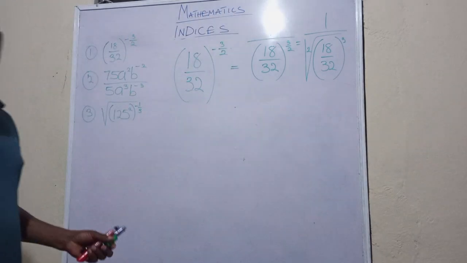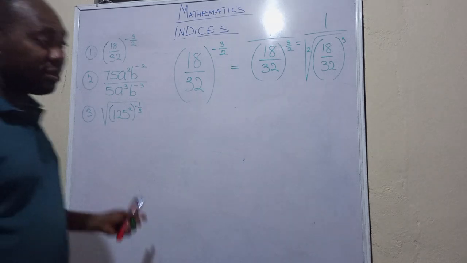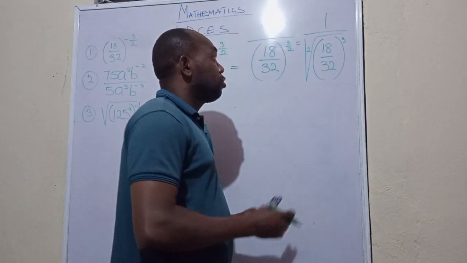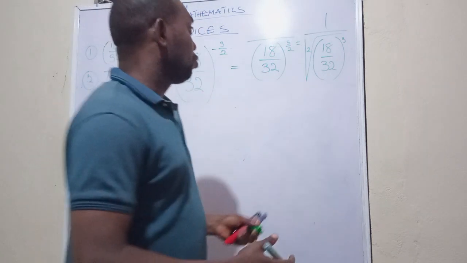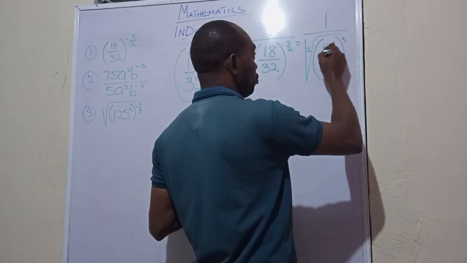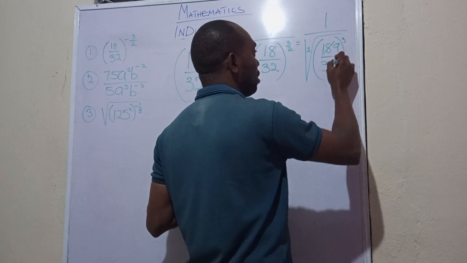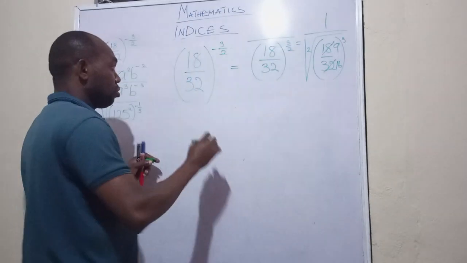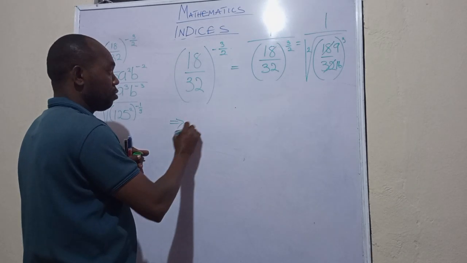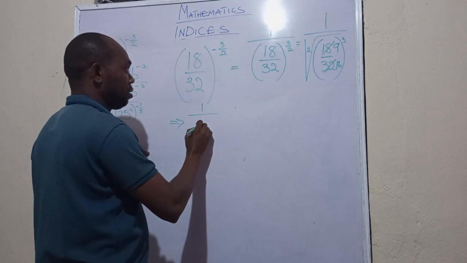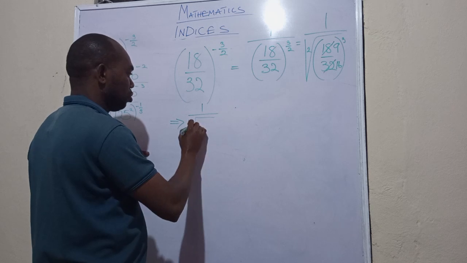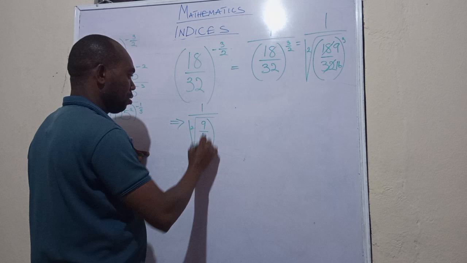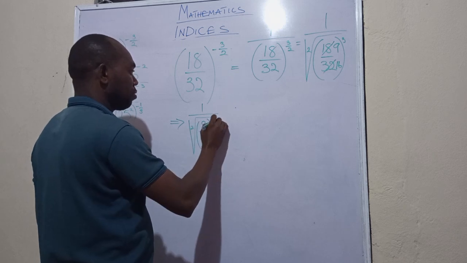But what really happens here is that first you will look at it and ask how is it possible for this problem to be solved? So we will now say 2 goes into this, it gives us 9, and goes into here, it gives us 16. So now what we will have is 1 all over the 2 roots of 9 over 16 raised to the power of 3.